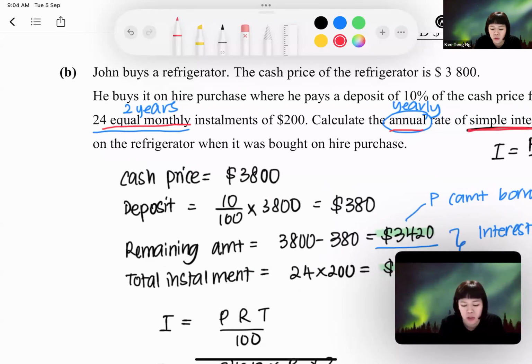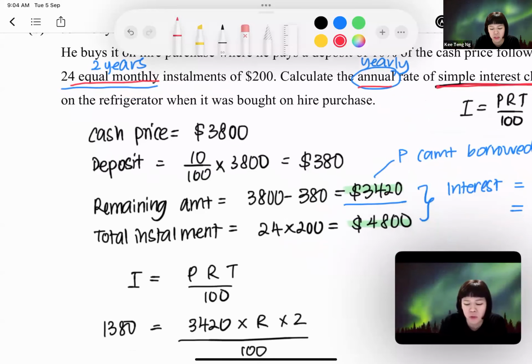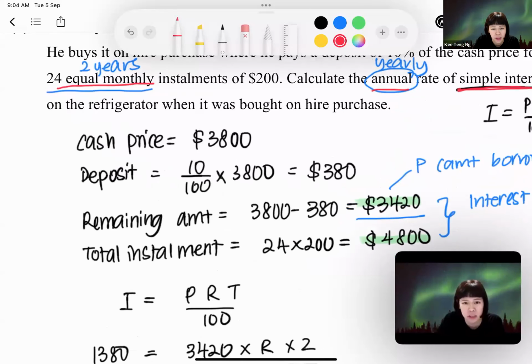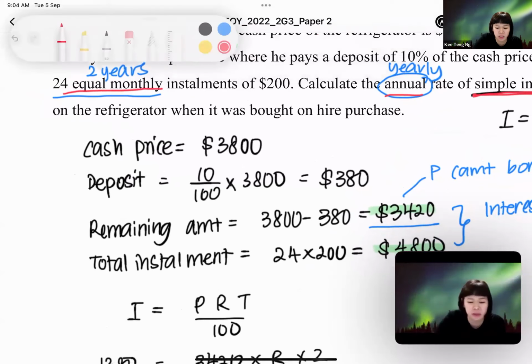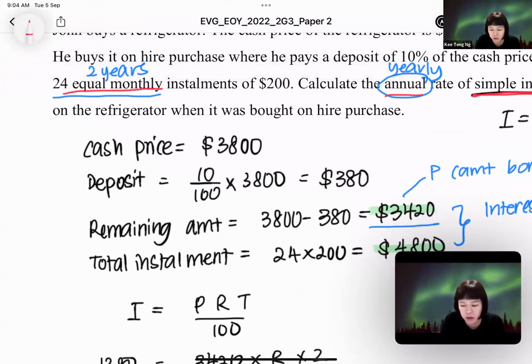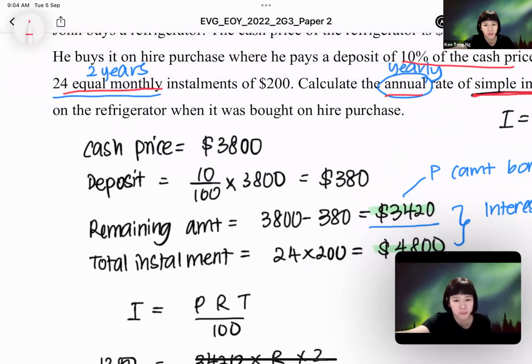Now how do we go about calculating hire purchase? First we need to know our cash price, which is $3,800. Then we will find our deposit. The question gave us that it is 10% of the cash price, so we find the 10%, which is $380. But when we charge interest, we are charging interest based on the amount that we have not paid. In this case, we already paid a deposit of $380.